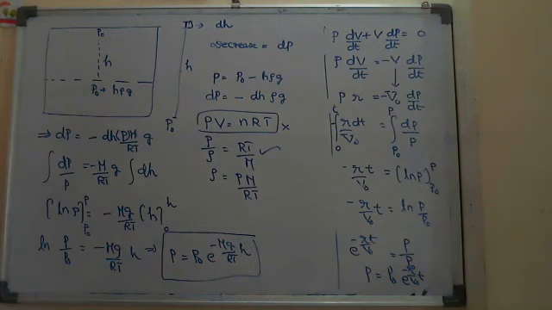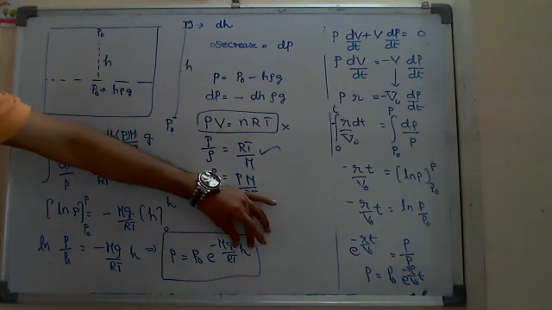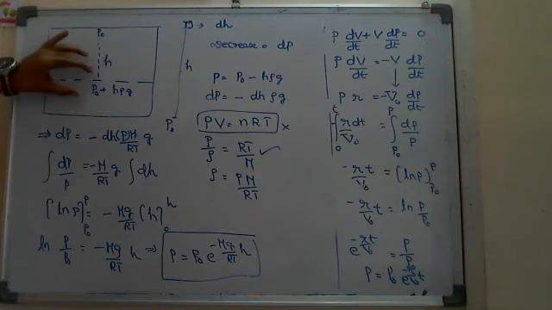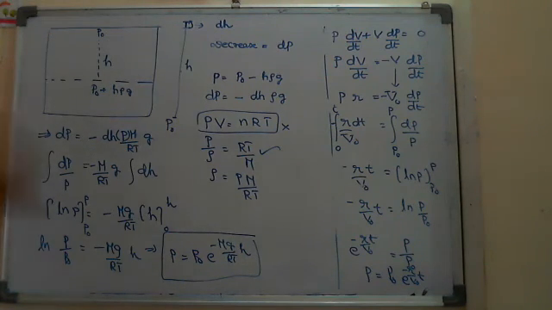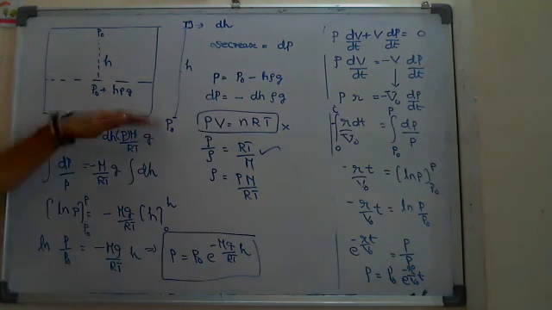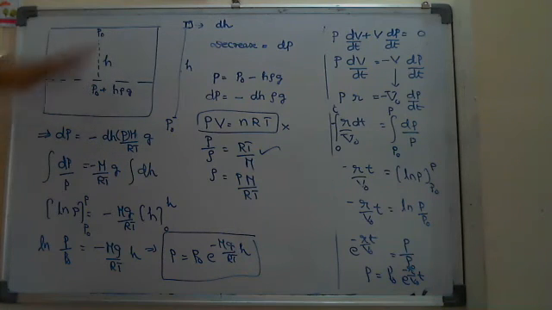This is if they ask the pressure at a certain height, without using the formula P naught plus H rho g or P naught minus H rho g. This is the practical thing now. We have to find out the pressure at a certain height using this formula. If the heights are not in kilometers or 500 meters or 300 meters, generally while solving numericals, these heights are just 2 meters, 10 meters.